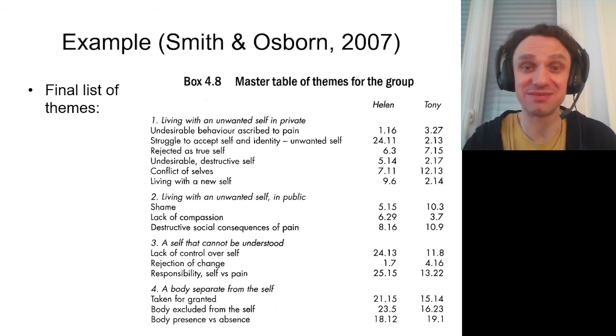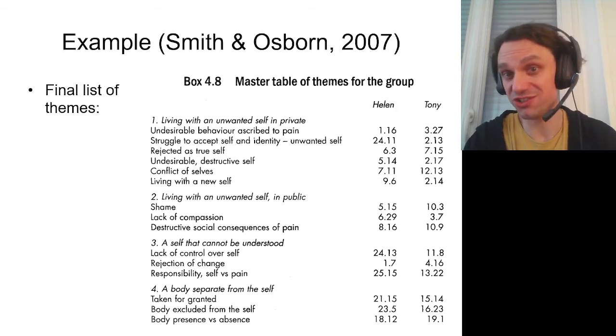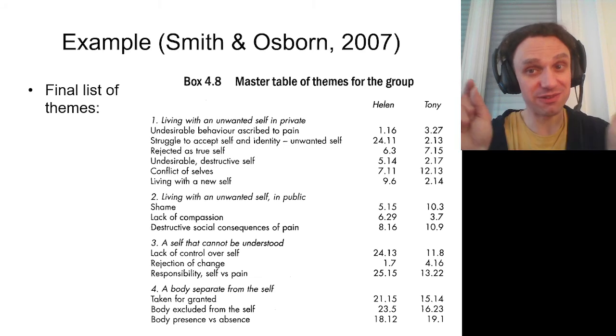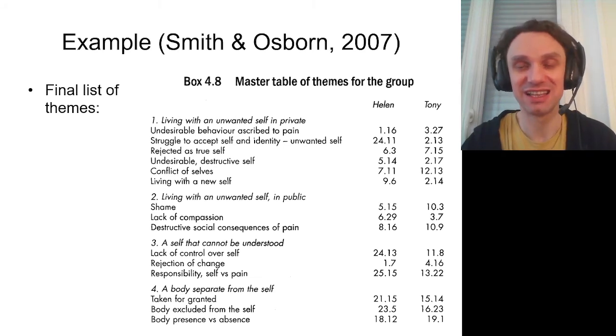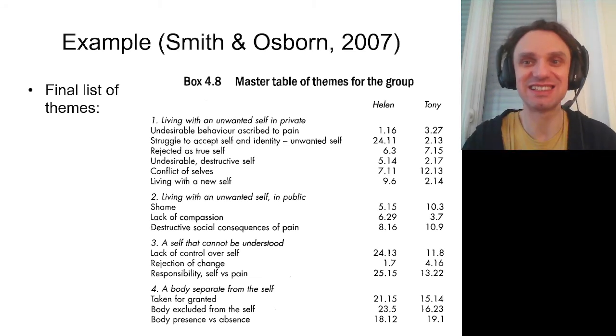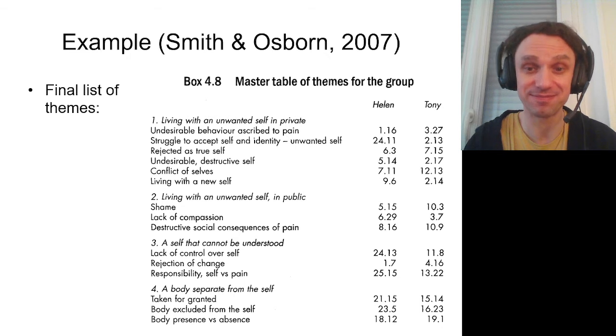There might be some individual differences. So depending on whether you want to focus on describing those differences, or if you just want to generalize, then you try to look only for themes that are common across all interviews. Again, you can tune your analysis the way you need it.